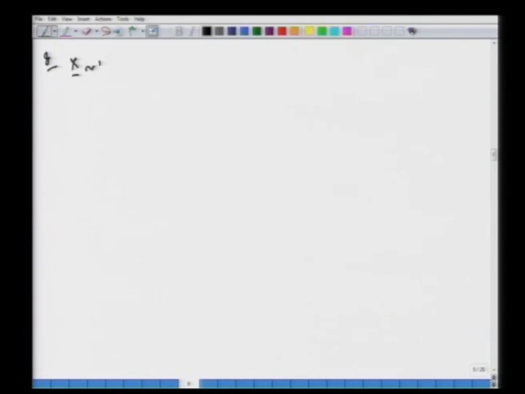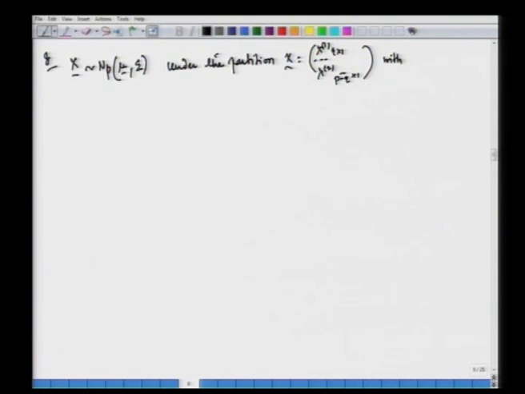We have x following a p-variate multivariate normal with mu, sigma, under the partition of x into the subvectors x1 and x2, the first being q dimensional and the second p minus q, with corresponding mean vector mu similarly partitioned into mu1 and mu2, and covariance matrix sigma as this block sigma 11, sigma 12, sigma 21 and sigma 22.